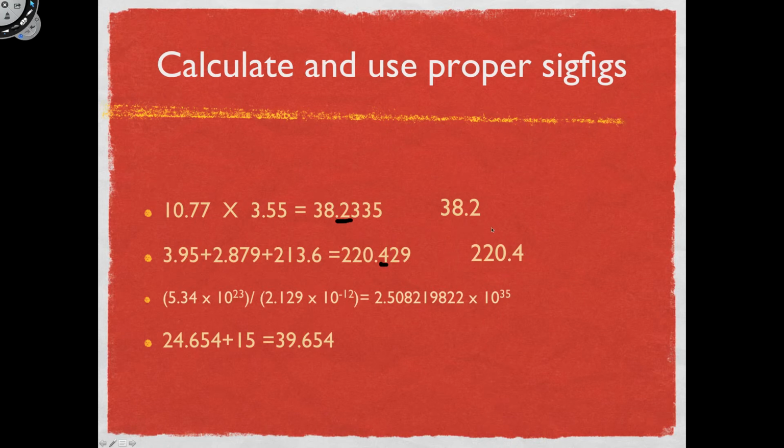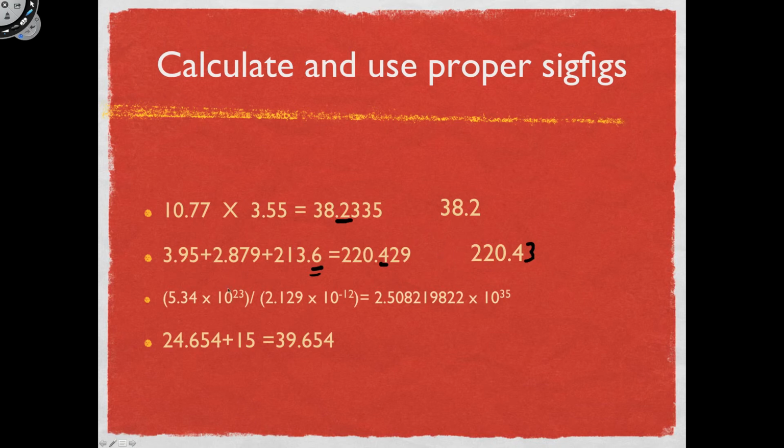Had I written this as 220.43, let's say I rounded to 2 places past, what I'm telling the readers is that the numbers that I used to get it were all at least 2 places past, and that's not the case. This only goes 1 place past. So it's basically scientists keeping up with proper exchange of data.